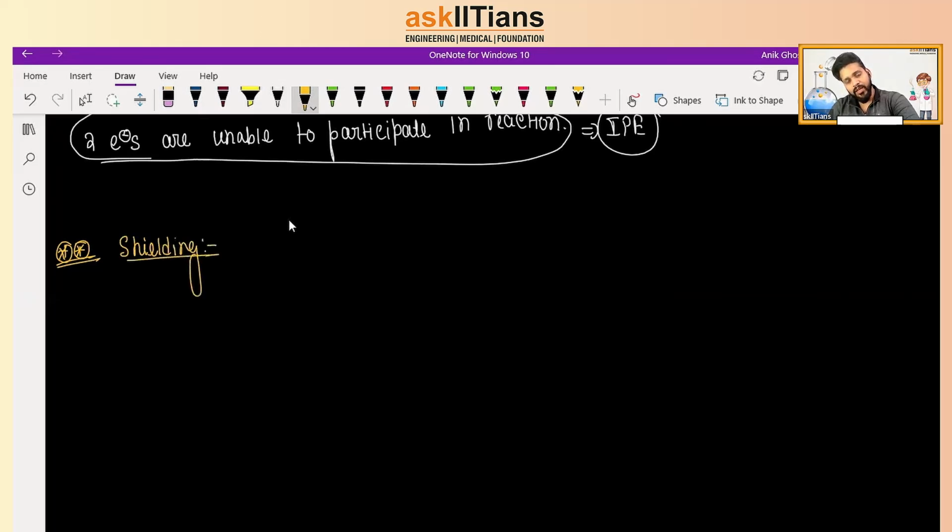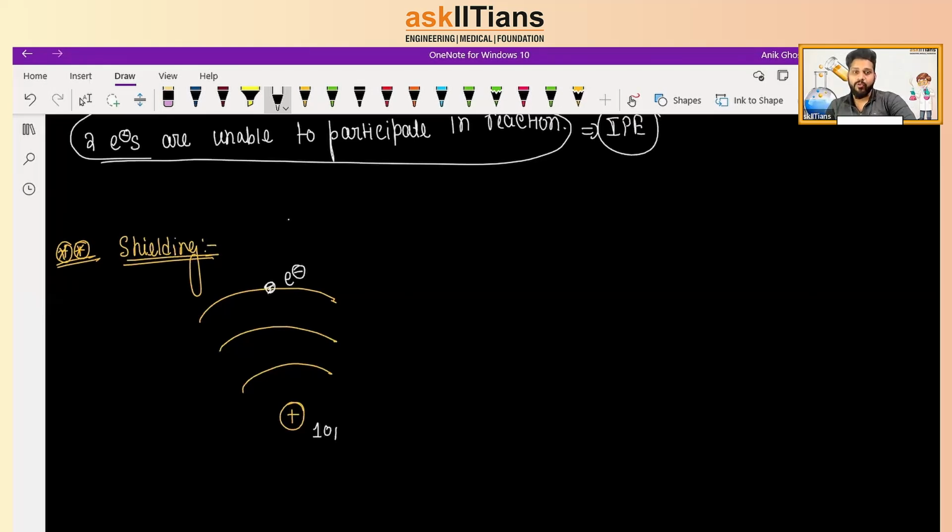Now, what is shielding? So we know that, let's say this is my nucleus. There are some shells in there, and this is an electron over here. Let's say the nucleus has the charge of 10. There are 10 protons present, so the charge is +10. But the electron over here would not be experiencing the exact +10 charge.